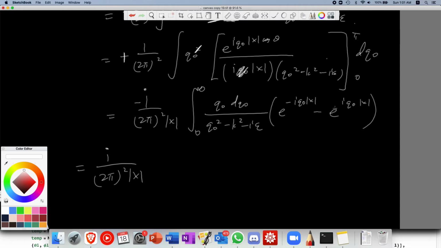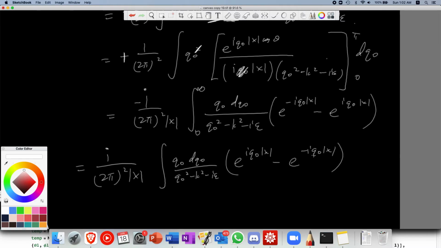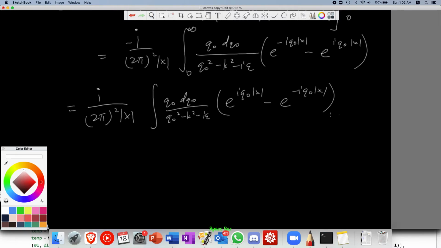Then this is q naught dq naught over q naught squared minus k squared plus minus I epsilon. And then we have e to the power of I q naught x minus e to the power of minus I q naught x. Okay, then we can do a change of variables for this term.